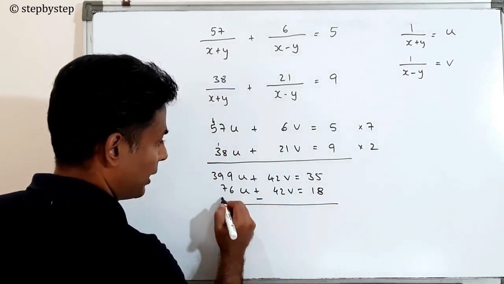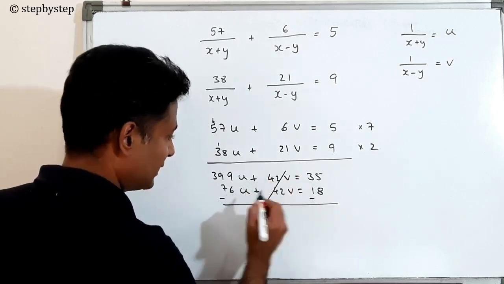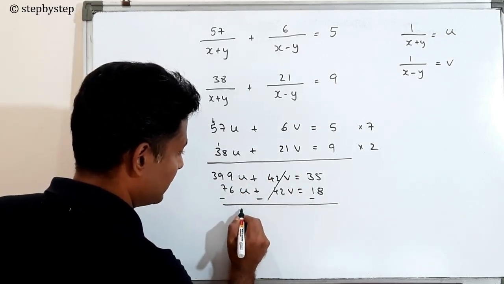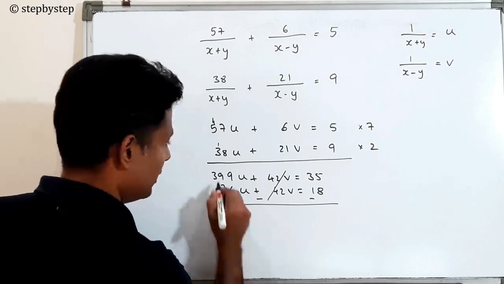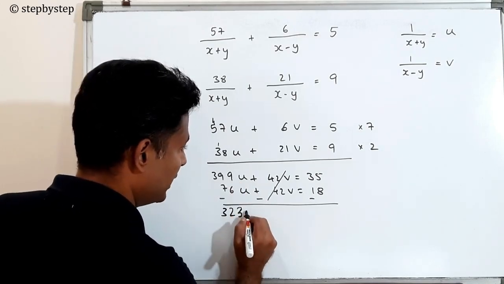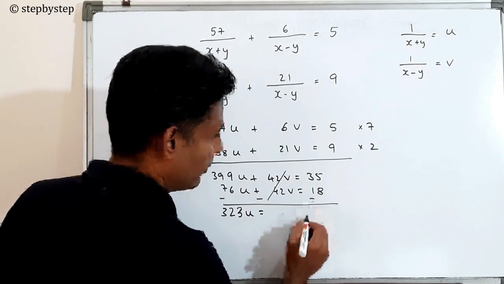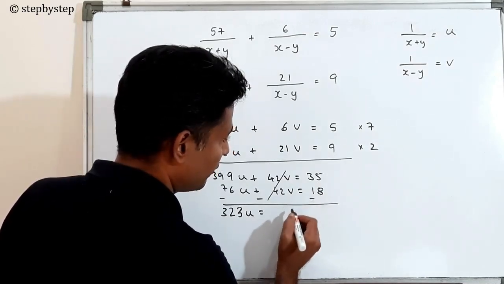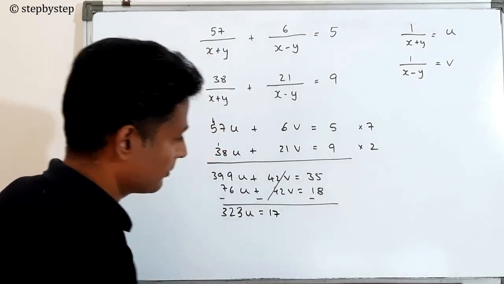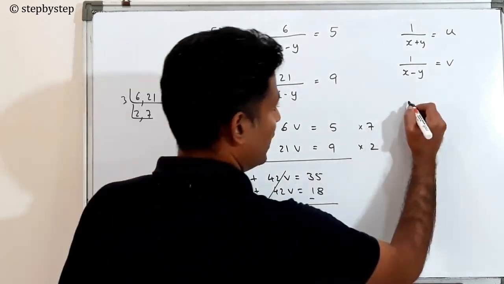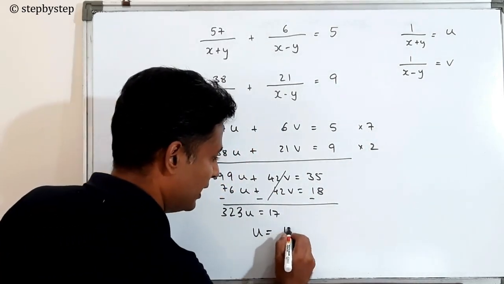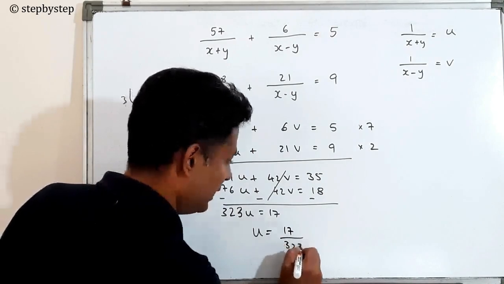So now subtracting both, the v terms will cancel. 399 minus 76 is 323, so 323u equal to 35 minus 18, which is 17. Now we have u equal to 17 by 323.